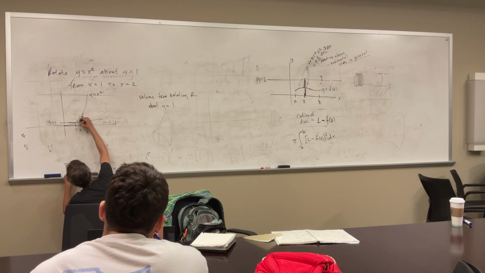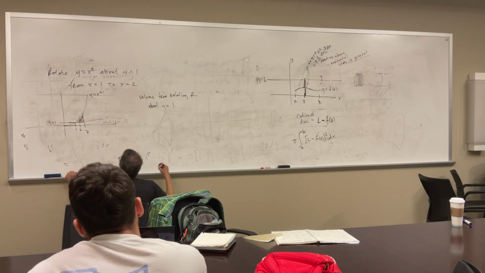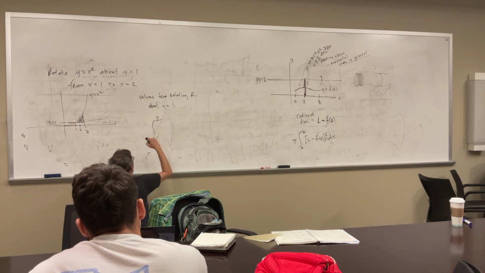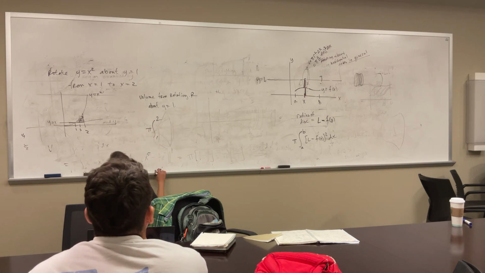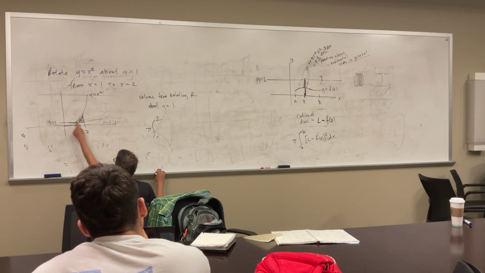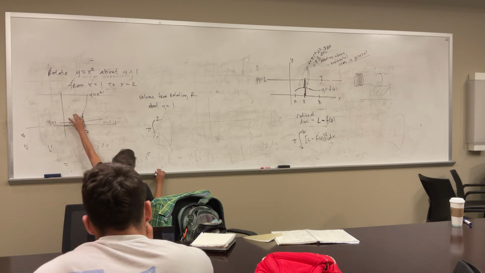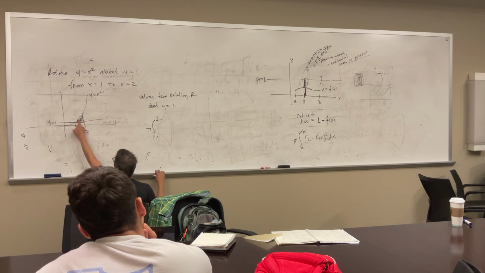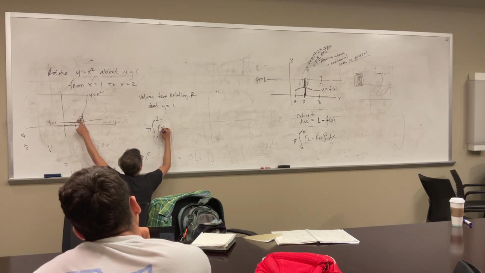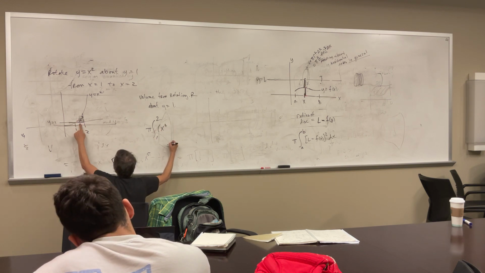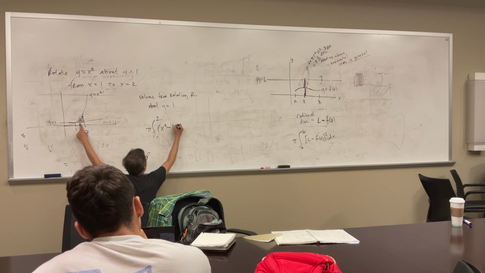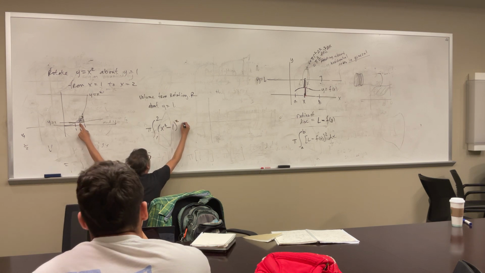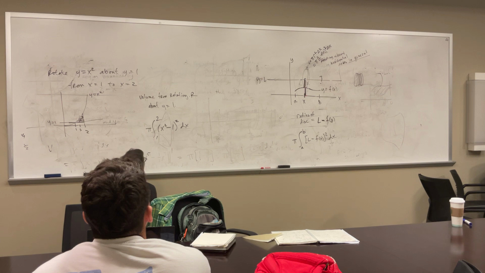You're slicing this way, so I take my arbitrary slice. Those slices run from 1 to 2. So that's how I set up my integral bounds. What are my slices running between? 1 and 2. Definitely got that pi out in front. And then I've got the top minus the bottom, I'm going to square that, dx.